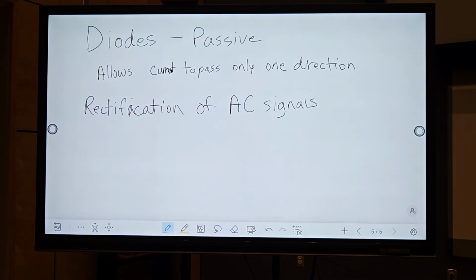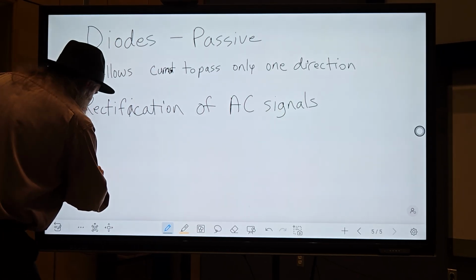Rectification of AC signals in power supplies. Basically, that means converting an AC signal into a DC signal. That is typically done with what's called a bridge rectifier, a configuration of 4 diodes connected in a particular fashion. Power systems or circuit theory should get into how that works and all that sort of thing.